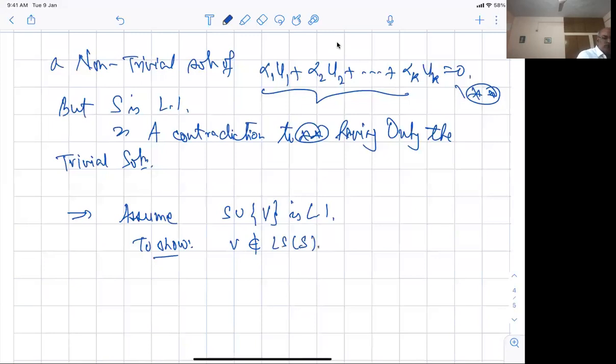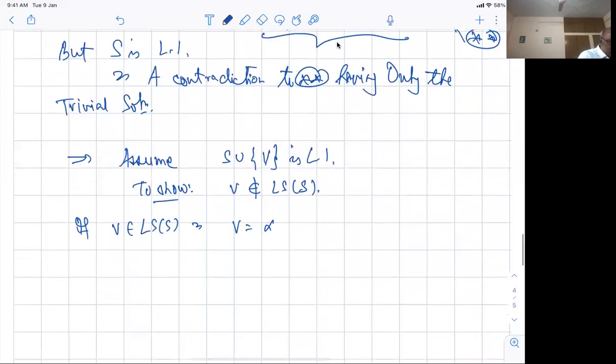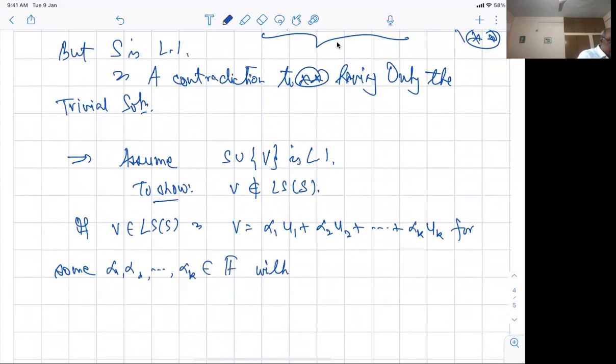Fine. So if V belongs to the linear span of S, that will imply that V is equal to some alpha 1 u1 plus alpha 2 u2 plus ... plus alpha k uk, for some alpha 1, alpha 2, ..., alpha k belonging to F, with at least one alpha i not equal to 0.